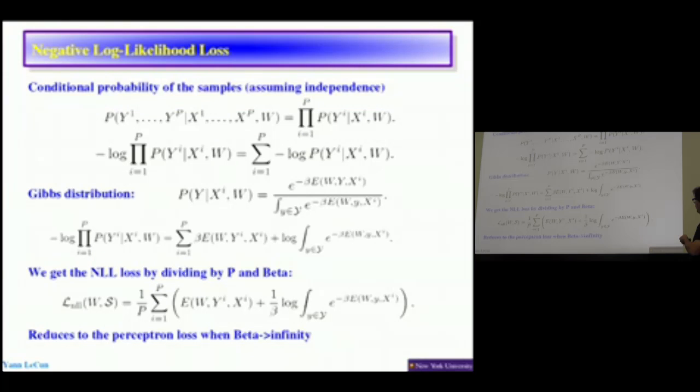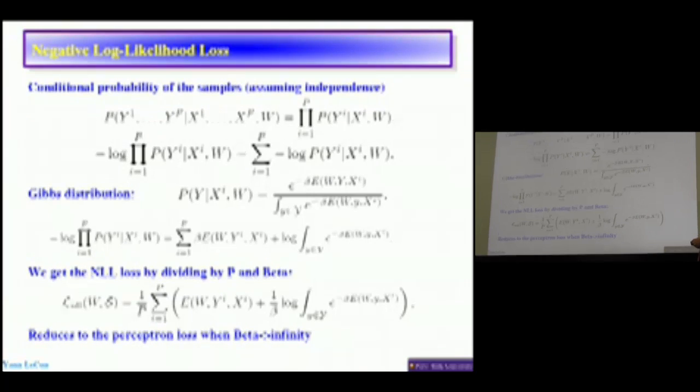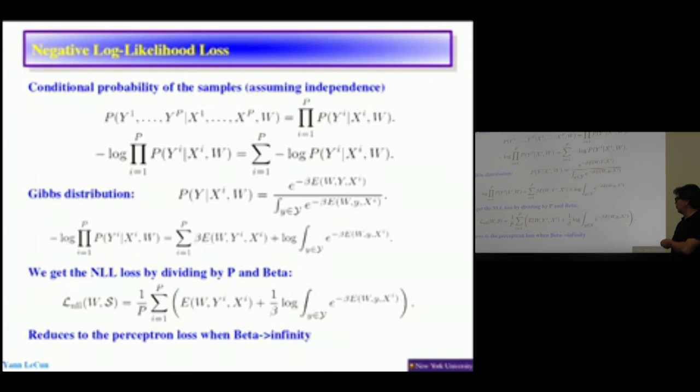So then the sum reduces to one term, which is e to the minus beta min over y of E of that. The log and the exponential cancel, the beta and the beta cancel, and you get minus min over y of the energy E(w, y, x). And what you get here is just a perceptron loss. Okay? So for beta going to infinity, this reduces to the perceptron loss, but for non-infinite beta, it's kind of a soft version of perceptron, if you want.